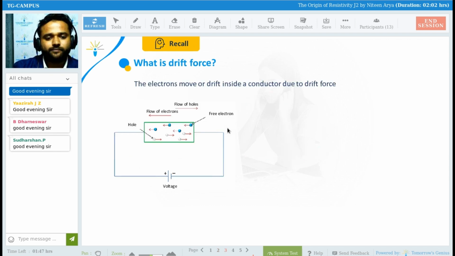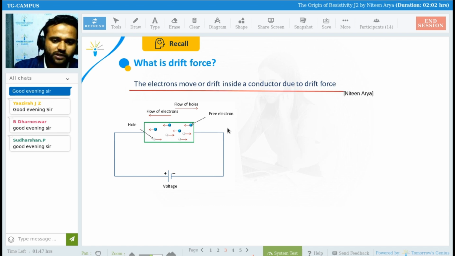So what is drift force? That is something new for you guys. The electrons move or drift inside a conductor due to drift force. First of all, we know there is a random motion of electrons.